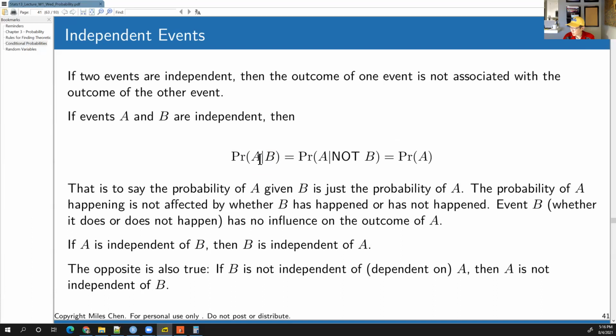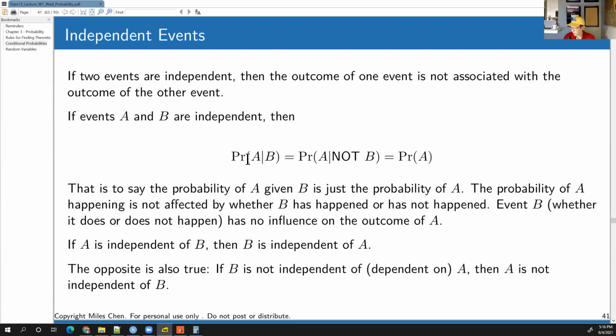So the probability of A given B is just the probability of A. The probability of A happening is not affected by whether B has happened or has not happened. Event B has no influence on the outcome of A. That's what it means for things to be independent.